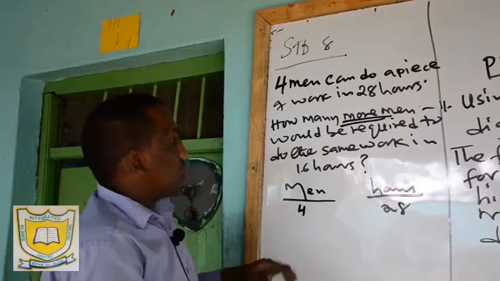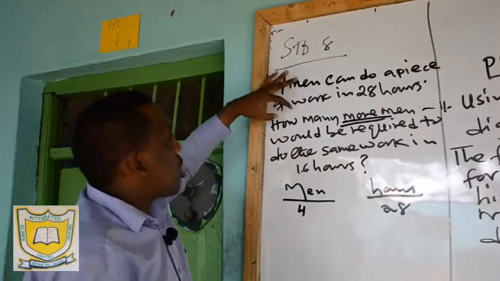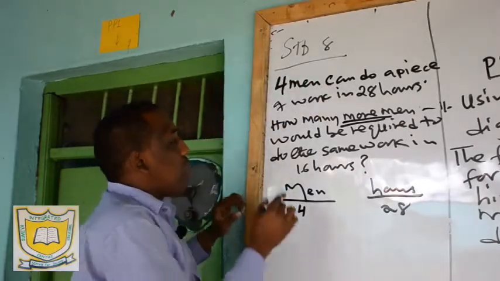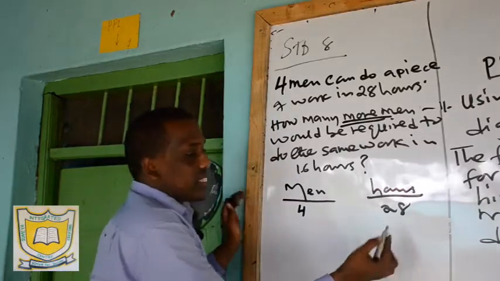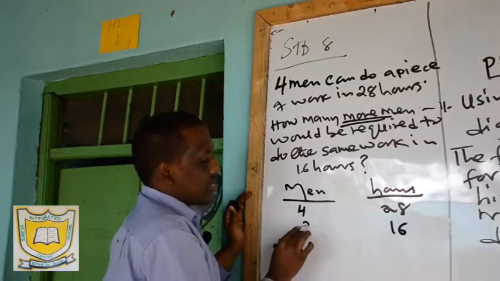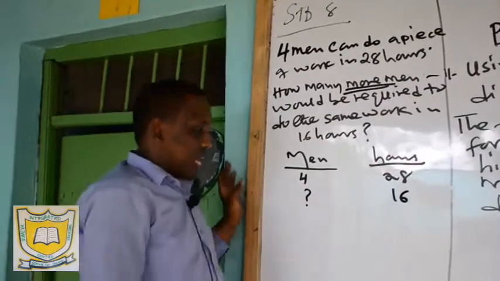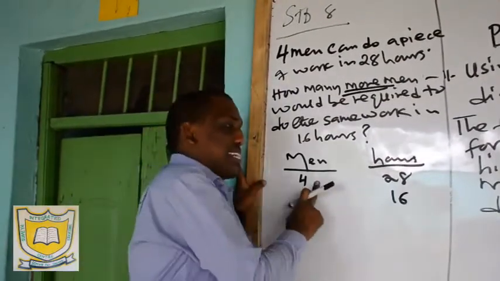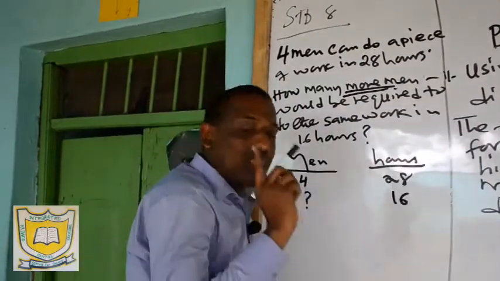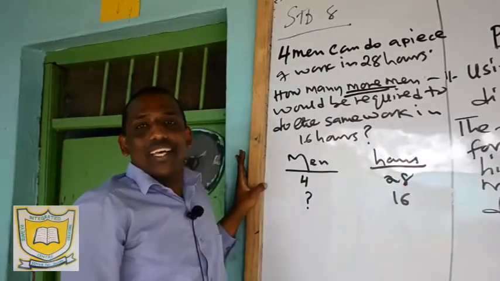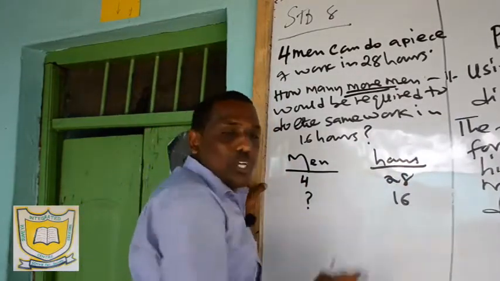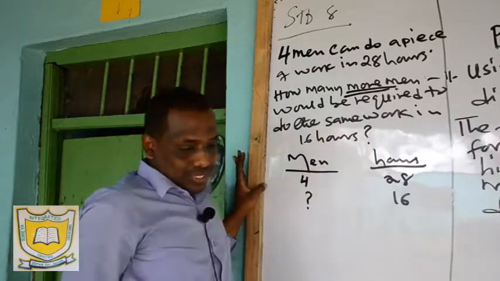Then you are told how many more men will be required to do the same work in 16 hours. Now ask yourself, 4 men finish the work in 28 hours. Now there are those who finish the work within 16 hours.